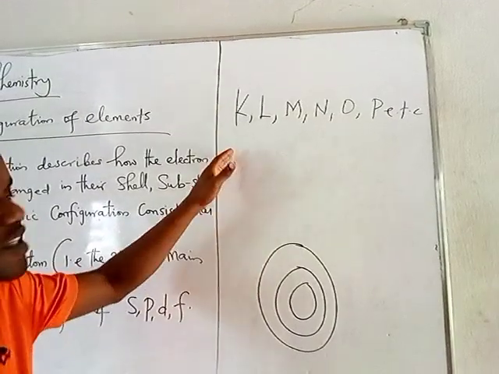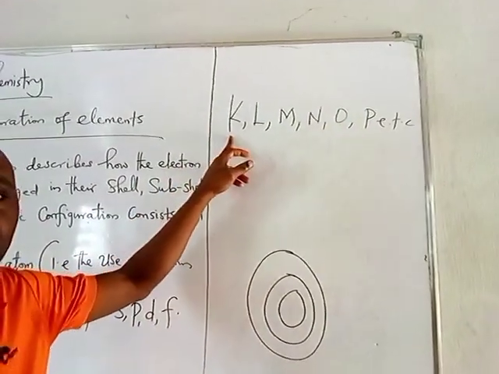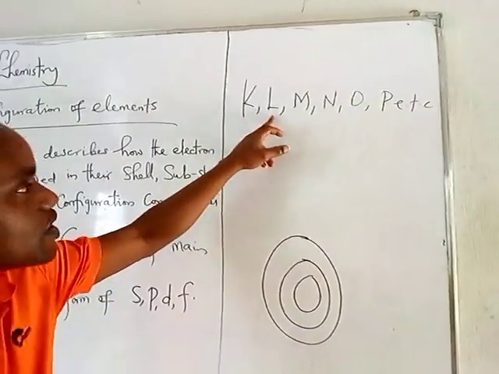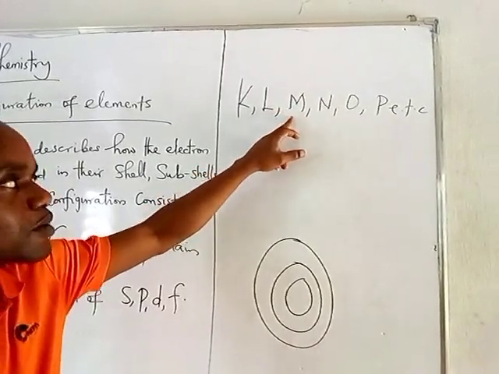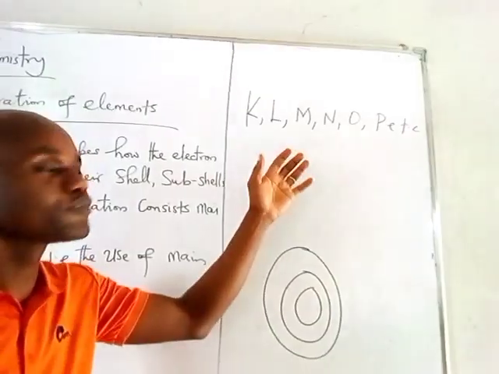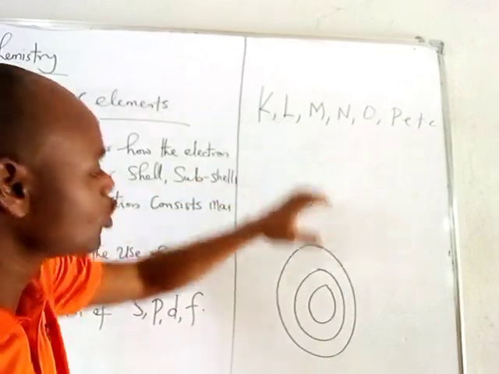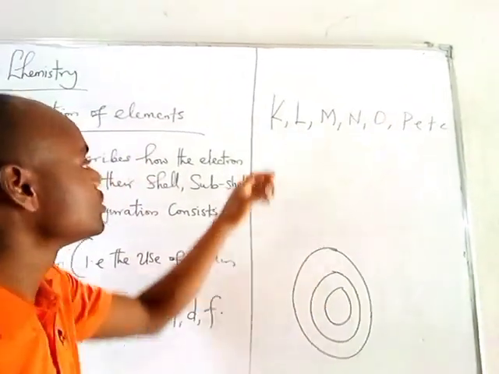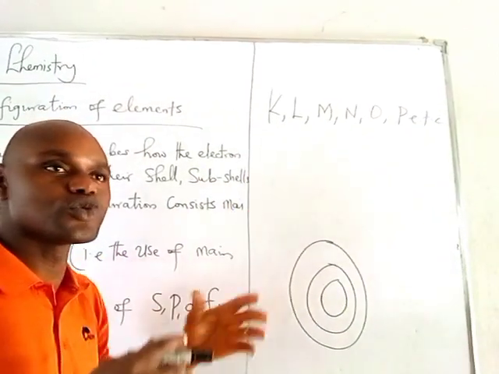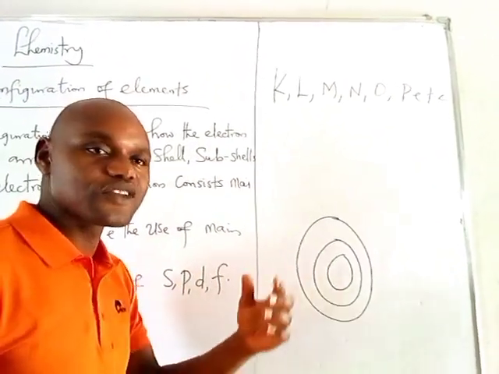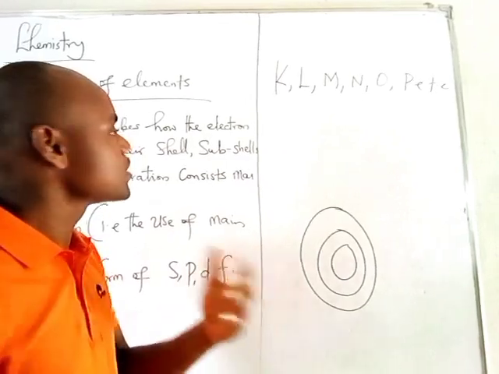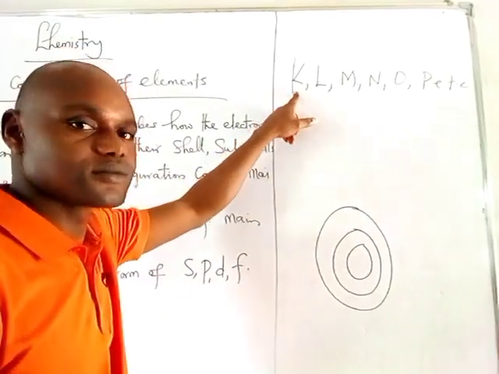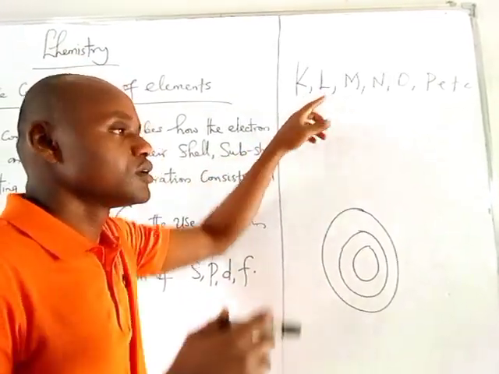So you start from the first shell, which is the K shell. Thereafter you move to the L shell. Thereafter to the M shell. So I want to number this atom using their shell. Take note, I said when you want to number an atom, you start from the first shell, and the first shell is the K shell, followed by the L shell.